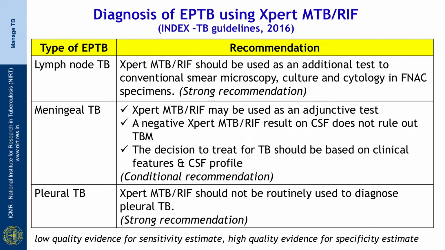However, a negative Xpert MTB/RIF result on the CSF does not rule out TB meningitis, and the decision to treat for tuberculosis should be based on clinical features and CSF profile. It is a conditional recommendation. For pleural tuberculosis, the Xpert MTB/RIF should not be used routinely to diagnose pleural tuberculosis. There is a strong recommendation for that.